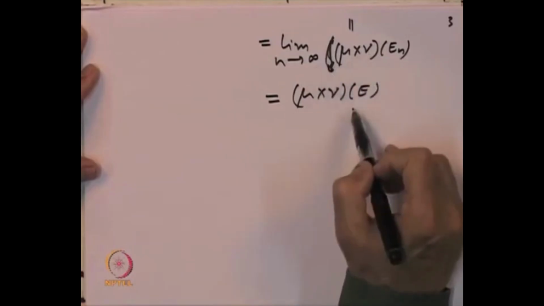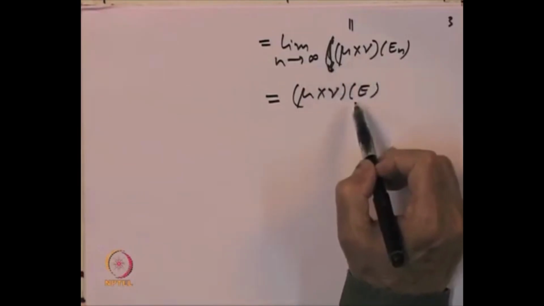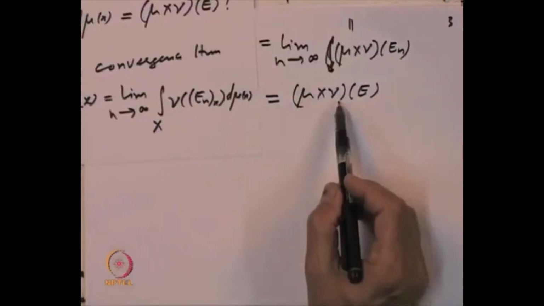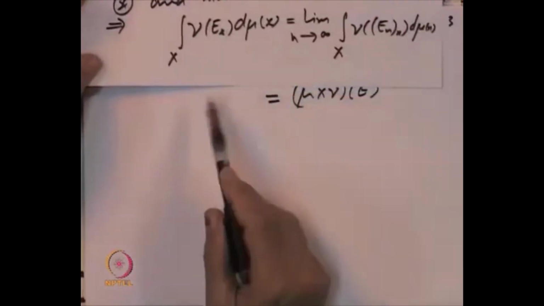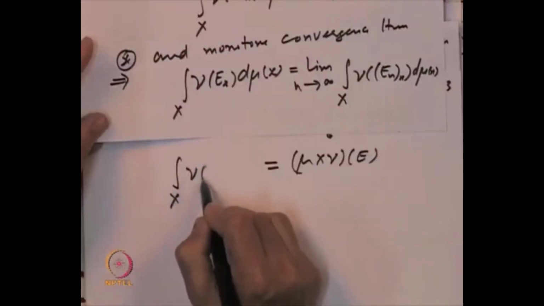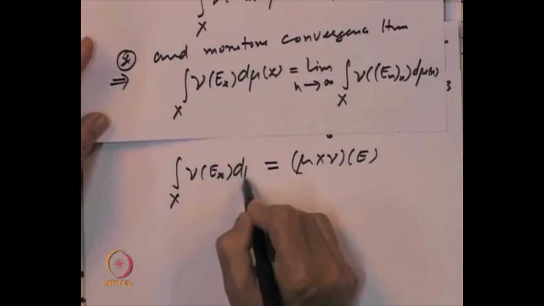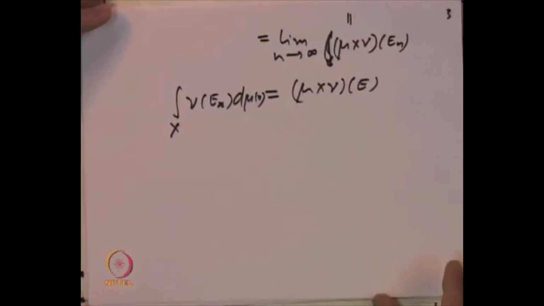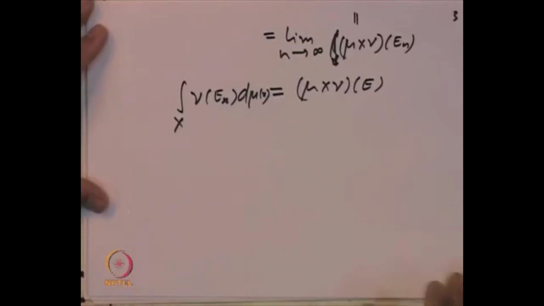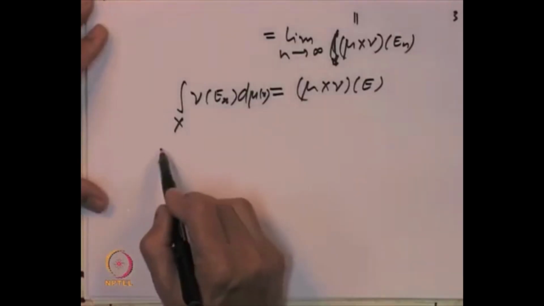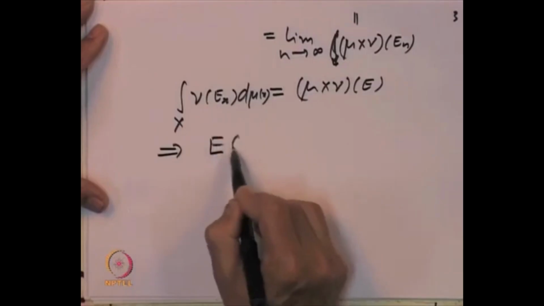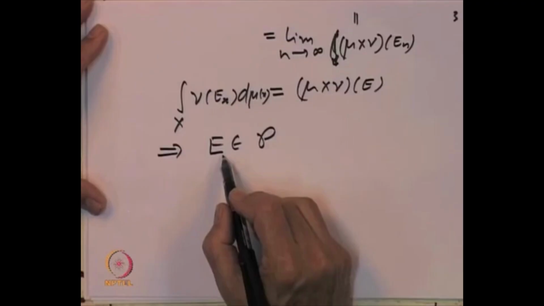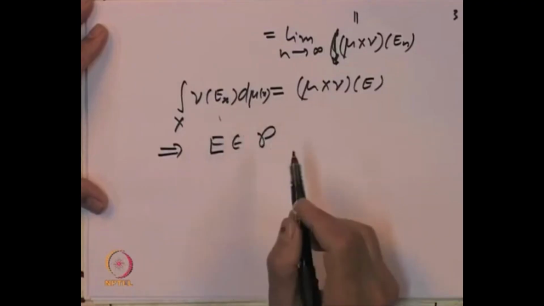So, this limit must be equal to mu cross nu of E. So, what we get is that this limit is equal to this. So, that means we get that the integral over x of nu of E x d mu x is equal to mu cross nu of E. So, we have proved that if E n is increasing to E, this implies that E belongs to the class P, because we showed that if E n is increasing to E, then both the properties hold for this.